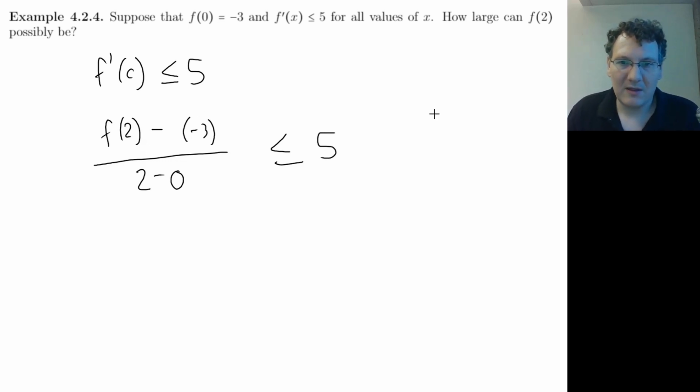The value at 2 can't exceed a certain value, because if it does, then there would be some point where the slope would be greater than 5, right?